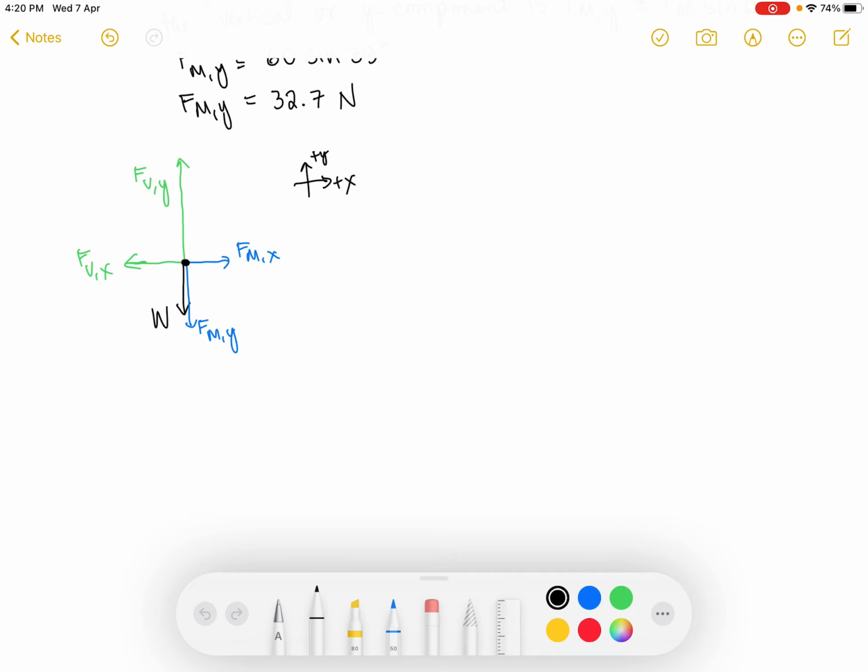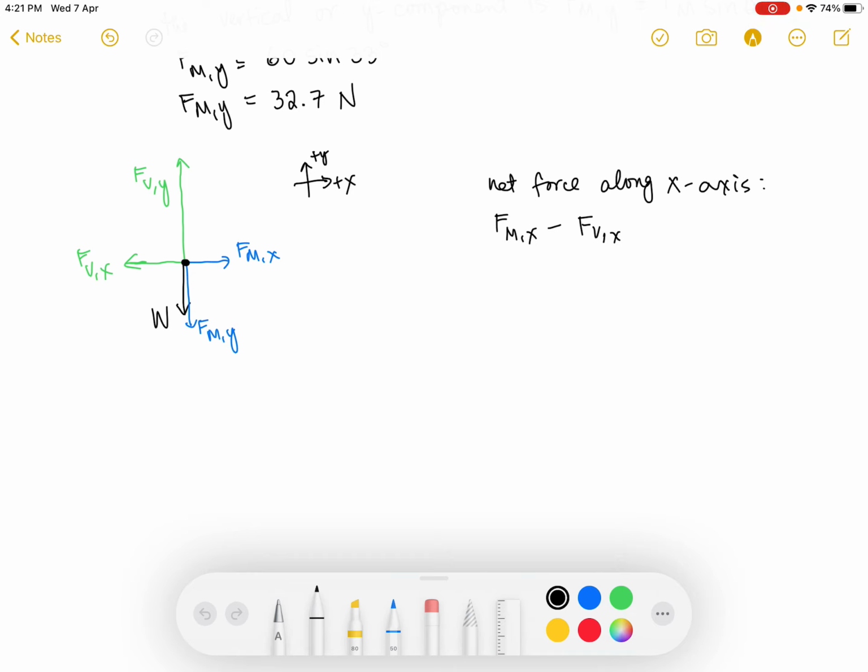Right, so if I now get the net force along the x component, or along the x-axis, or along the horizontal, then I can see that Fmx is positive and Fvx is negative. So I have Fmx, the x component of Fm, minus Fvx.